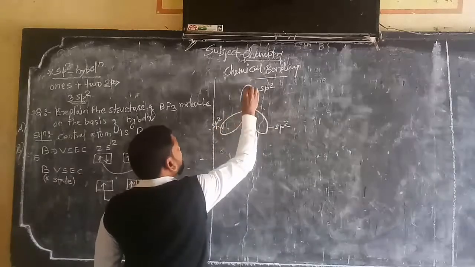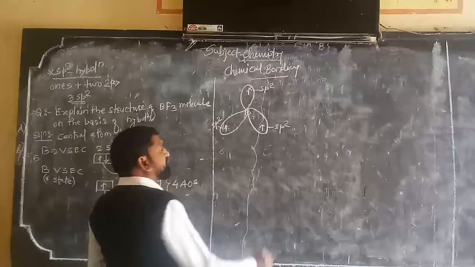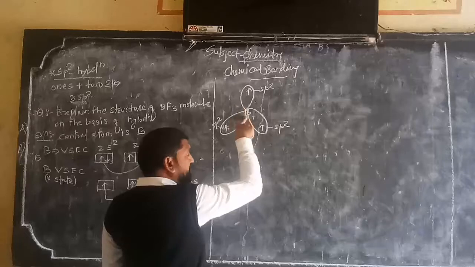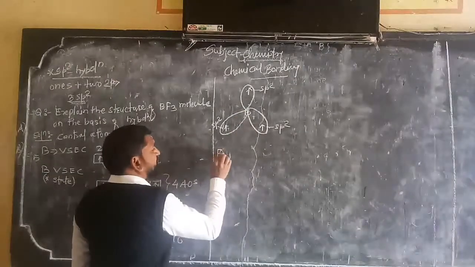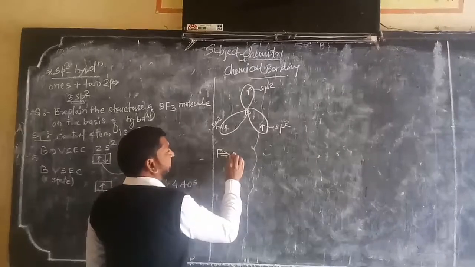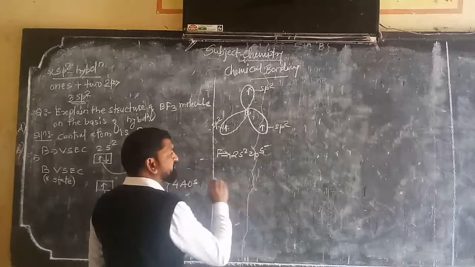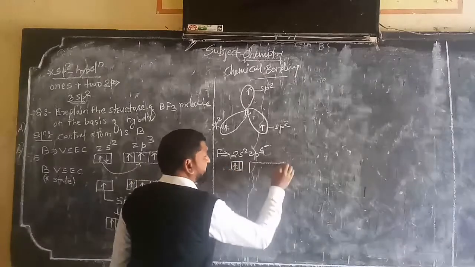Each has an unpaired electron. Now these 3 hybrid orbitals of boron overlap with fluorine. We know fluorine has the electronic configuration 2s2 2p5.